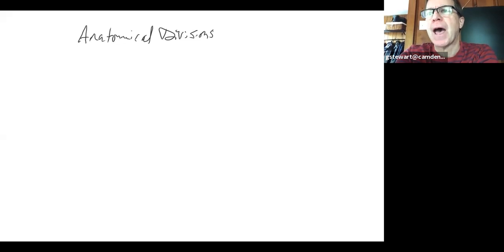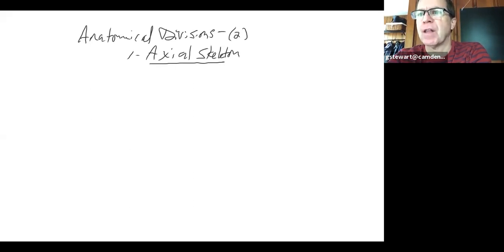What we mean by that is there's basically 2 parts. So I'm going to put number 2 here. And what we call the axial skeleton, and that is, think of everything on the center line of the body. You could think midline, center line.